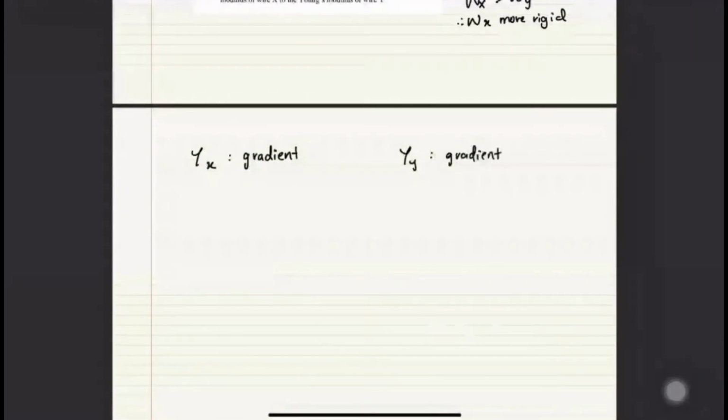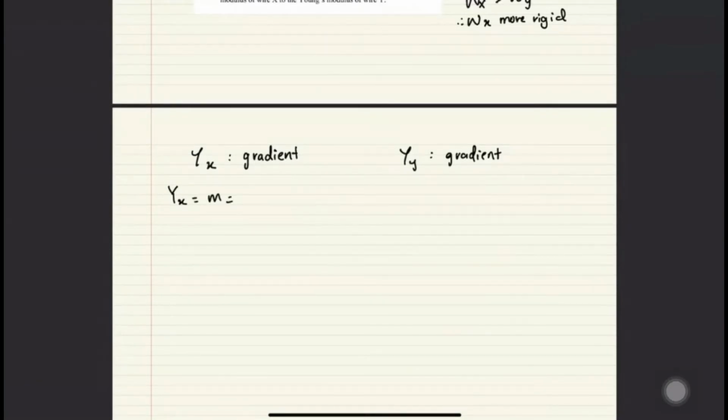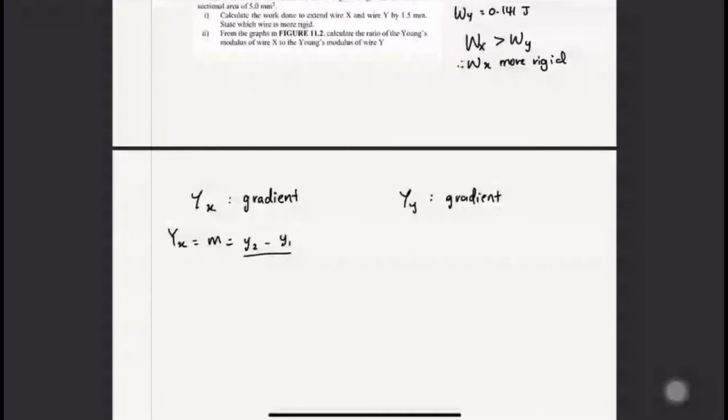So if it is a gradient, basically YX ni is equals to m, macam dalam practical test. So y2 minus y1 over x2 minus x1. Okay, same thing happen on the right hand side there lah for YY.